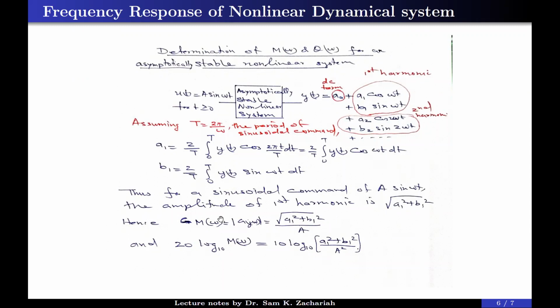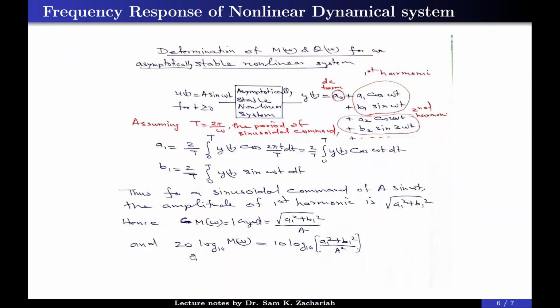Thus, for a sinusoidal command of A sin omega t, the amplitude of the first harmonic is square root of A1 square plus B1 square. We have to take this. Hence M of omega is equal to magnitude of G of j omega. It's given by the output amplitude of the first harmonic, square root of A1 square plus B1 square, divided by the input command amplitude.